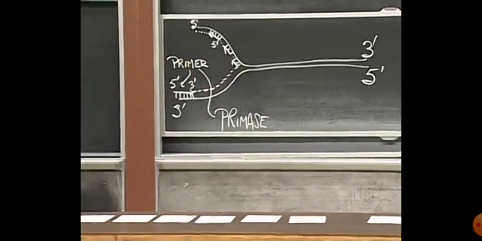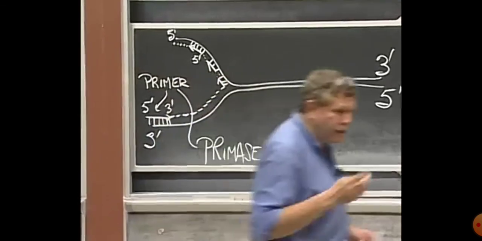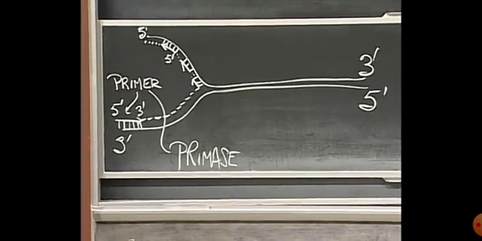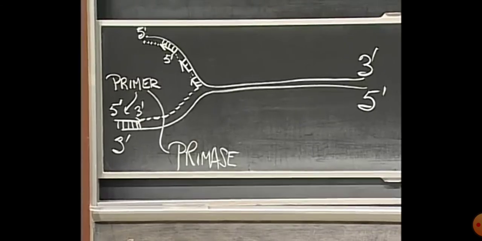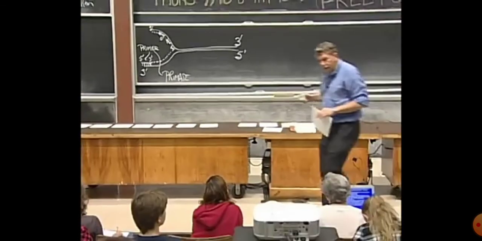So the two strands are experiencing a very different kind of replication. In one case, one primer in the 5' to 3' direction is enough to keep going. In the other strand, as it keeps opening up, you've got to keep making primers. You have all these little fragments there.